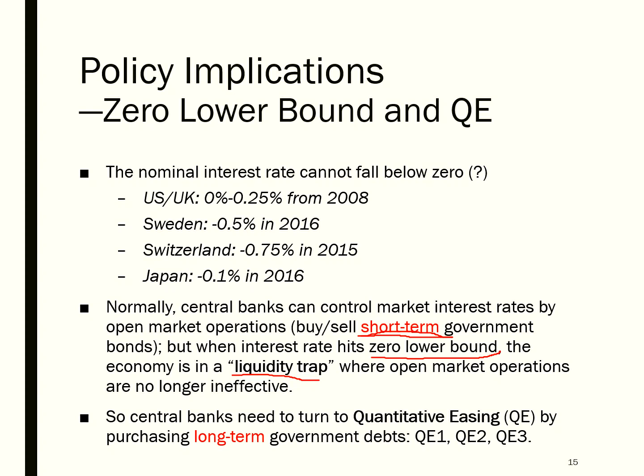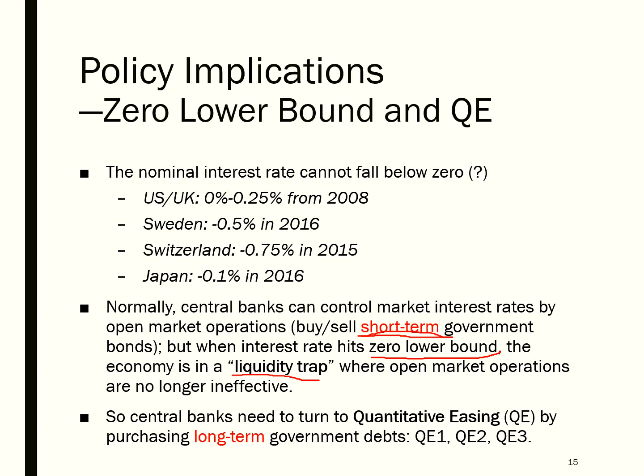So if you can do something about those long-term government debts, like 2 years maturity or 5 years maturity, then you can still provide more liquidity to the market. The only difference is that you are no longer using the normal ways by buying and selling the short-term bonds. But basically, the essence is the same.